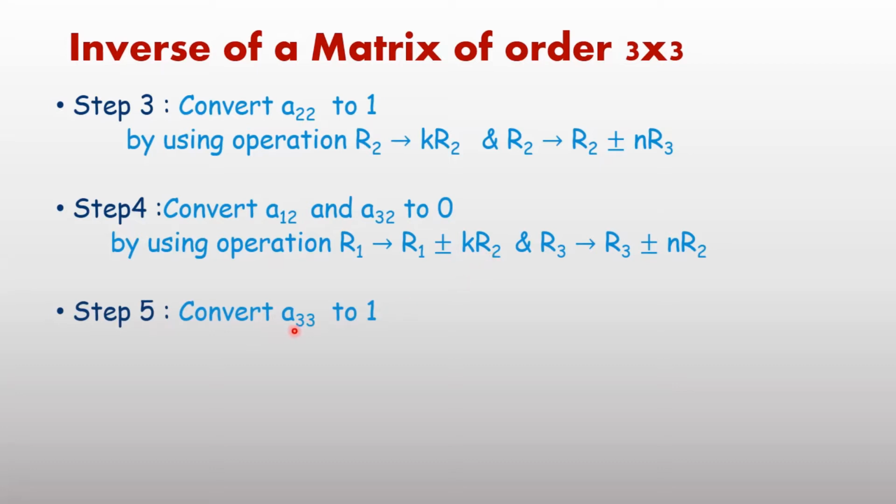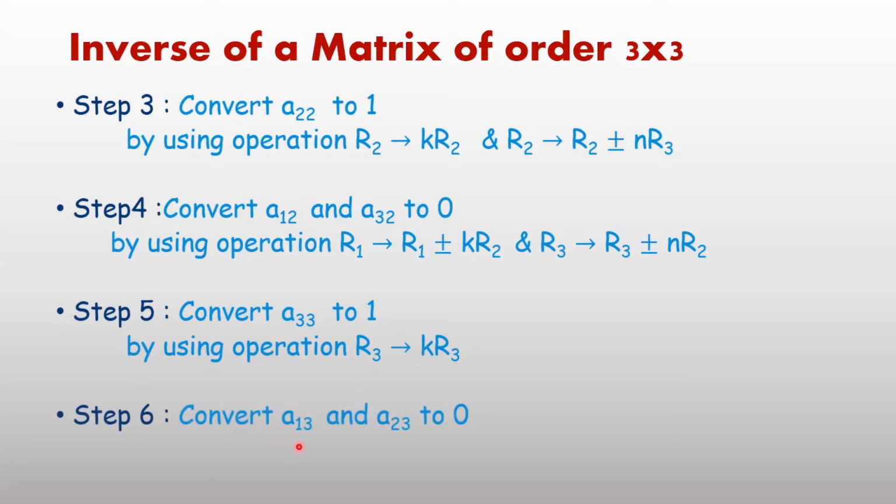Then step 5, A33 converted to 1 using the property R3 replaced by kR3. And last step, step 6, the remaining elements of the third column are converted to 0 with the help of R3. Now with the help of an example, I want to explain these 6 steps, so observe and note down very carefully all these 6 steps.